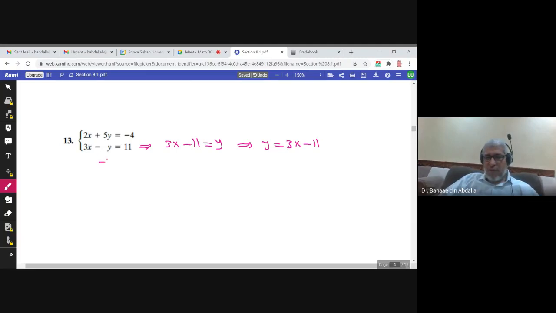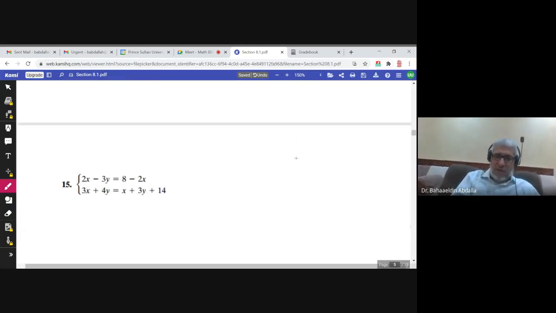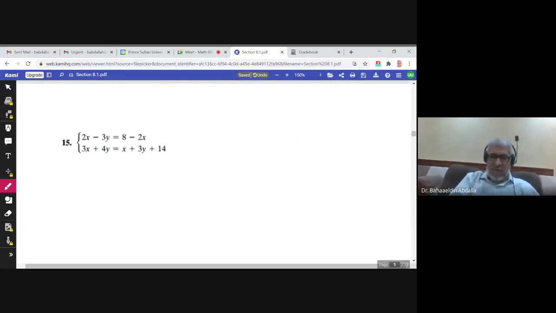Or if you want, you can keep the negative here and take minus 3x to the other side, and then you multiply by negative 1. So you will have y equals 3x minus 11 in both cases. And then you replace y in the first equation by 3x minus 11, find the value of x, and go here and find the value of y. That would be the solution of the system.